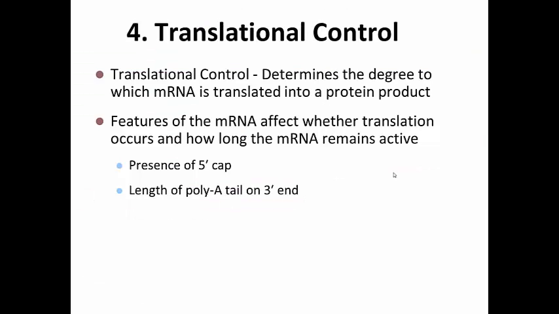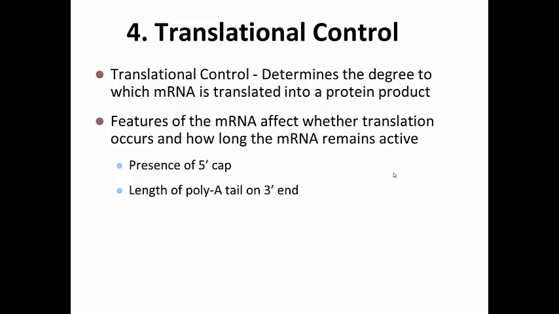We now go to translational control. Translational control determines how much RNA is turned into a protein product. There are different ways of doing this. The presence of that 5' cap that we talked about a couple chapters ago is certainly a mechanism that can influence whether or not a piece of messenger RNA is going to be read and how long it's going to be read.